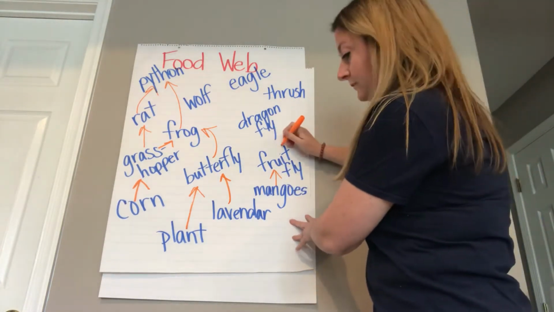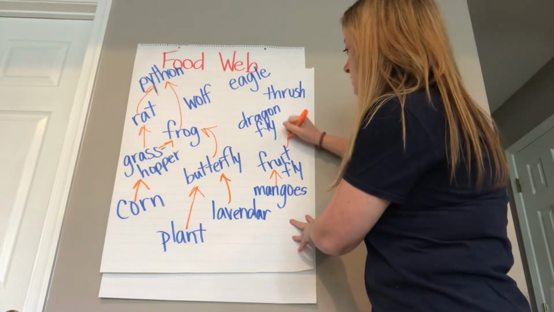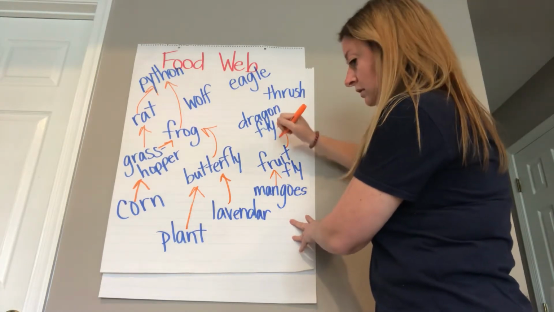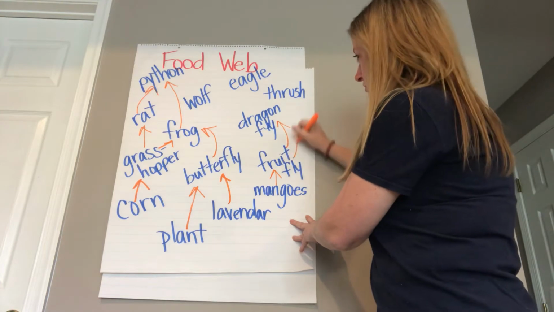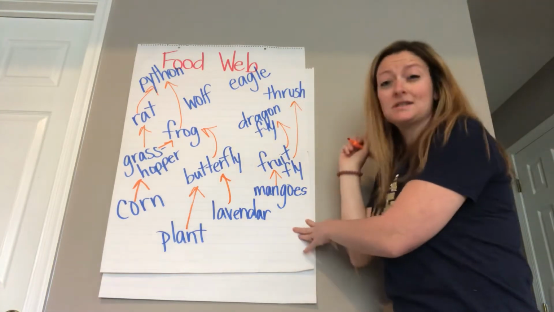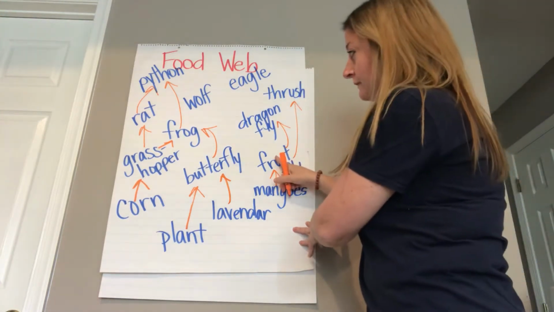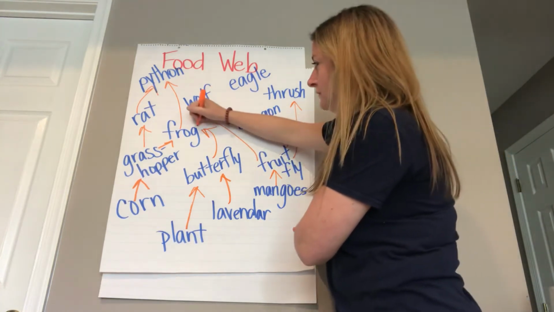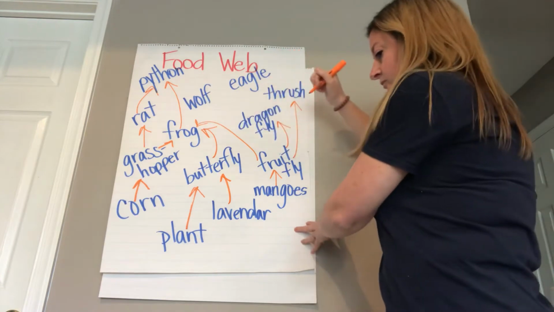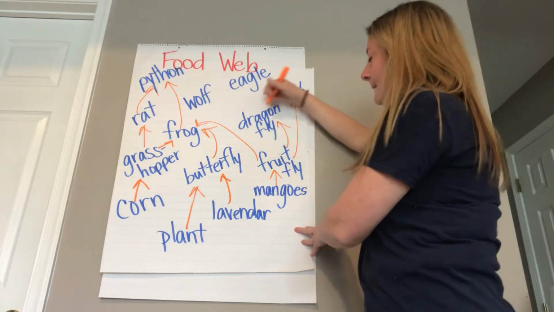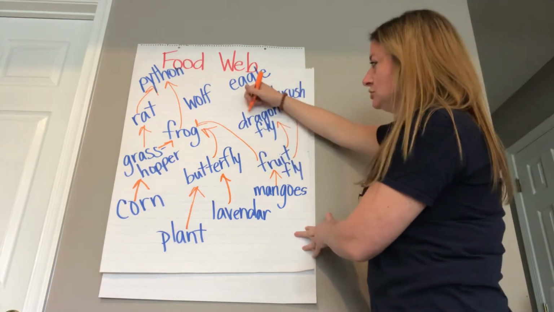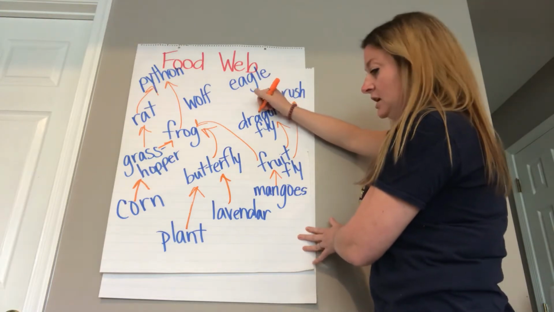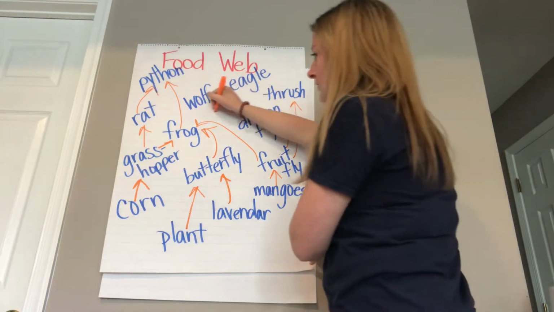Okay, this fruit fly gives energy to the dragonfly, to the thrush. Thrush is a type of bird. Fruit fly also gives energy to the frog. Okay, now let's move up here to the dragonfly. The dragonfly gives energy to the frog as well.